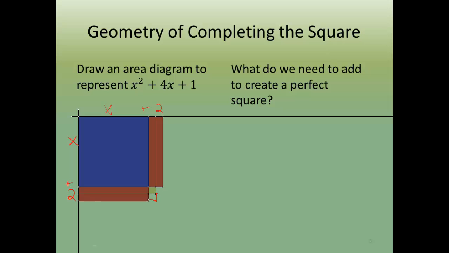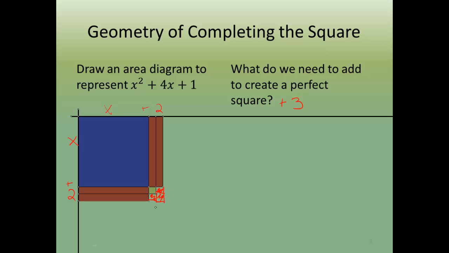And so what happens down here is if I want to complete this square, I need to add 3. Okay? And now what I've done is I've created a square that I can start factoring.